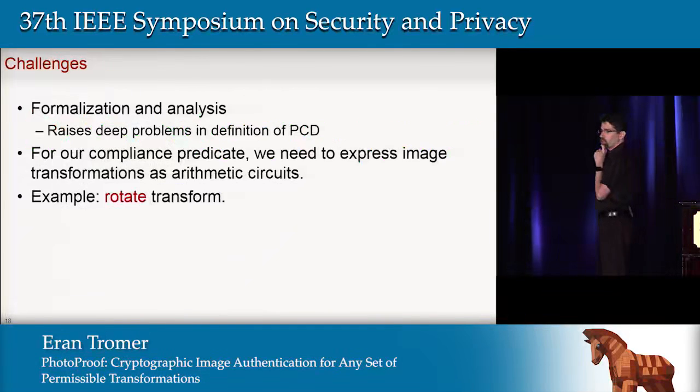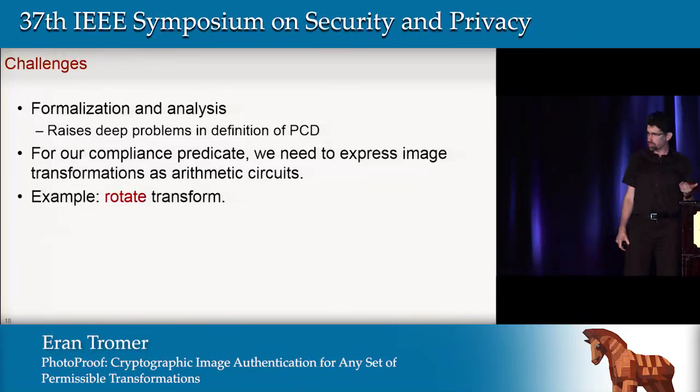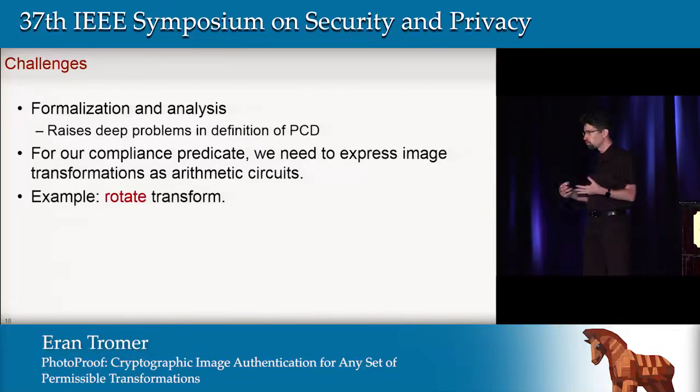Now, I hope that I convinced you that the mapping between the image authentication problem and that of proof-carrying data is very natural and appealing once recognized. But in practice, realizing this has many challenges. Some of these are mundane engineering concerns of format matching and integration. Others are deep theory questions that arise when you try to do all of the impedance matching, like finding the right theoretical security definitions.